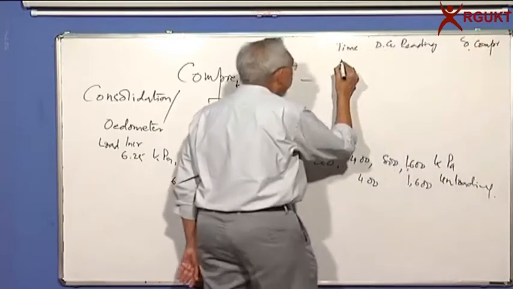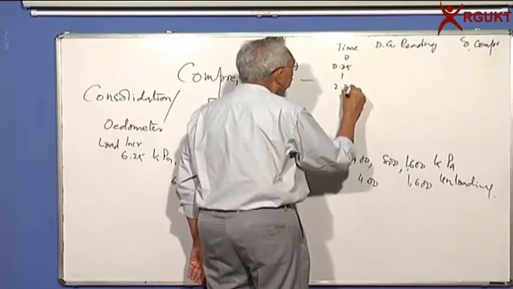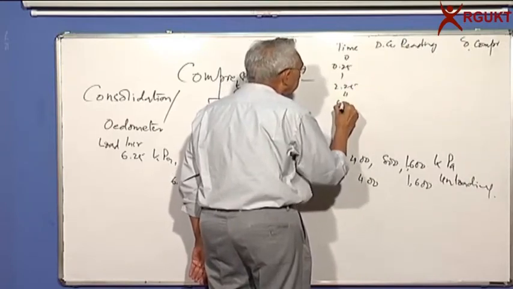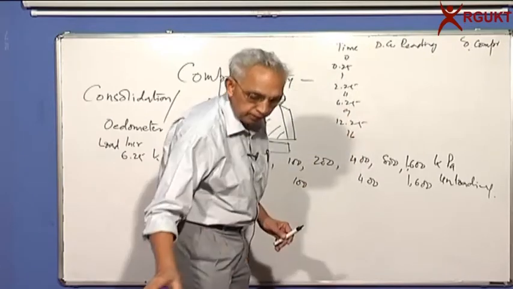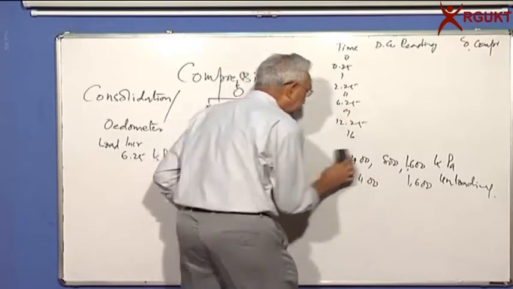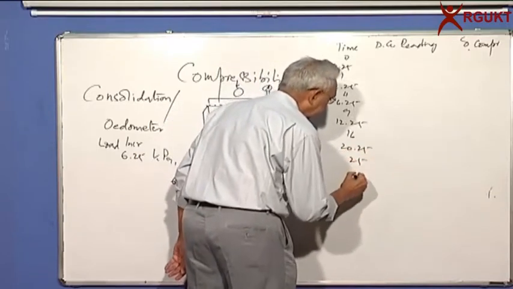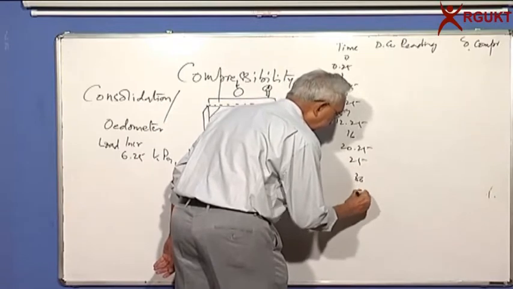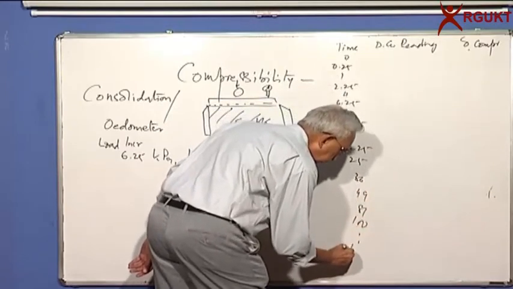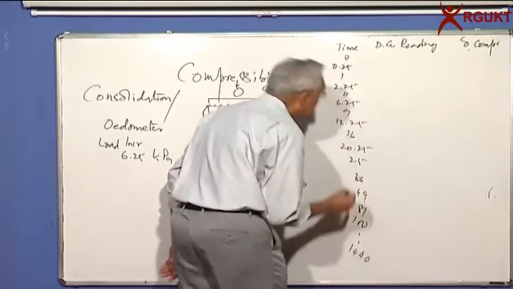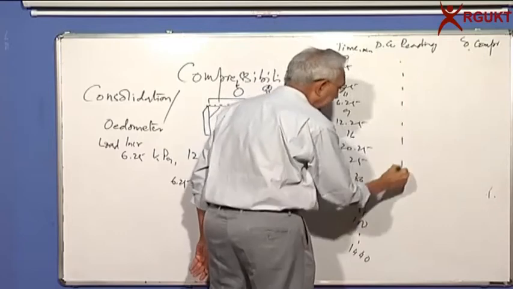So we start with 0.25 minutes, 1, 2.25, 4, 6.25, 9, 16, and then you can go on up to 24 hours. 16, let's say 20.25, 25, 36, 49, 81, 100, and like this you go up to 1440 minutes. t is in minutes. And we'll get readings here.